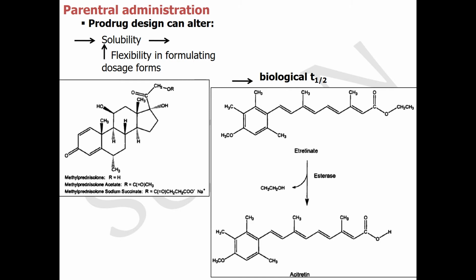The prodrug approach or design can also change the biological half-life of the drug. أيضا هنا الستركتشرز مطلوبة. عندي الإكزامبل هنا هو etretinate and acitretin. هذول both drugs هما used for treatment of psoriasis.